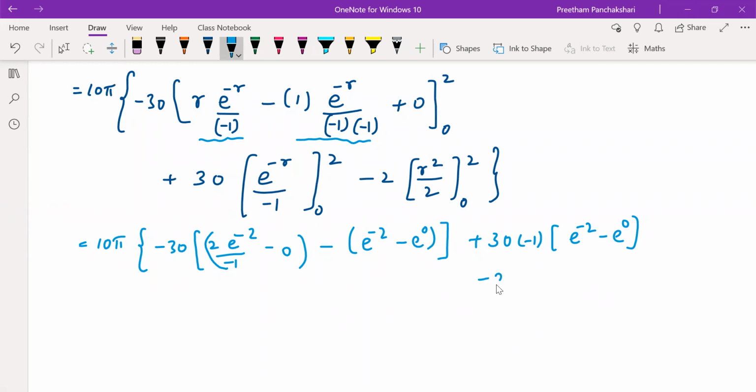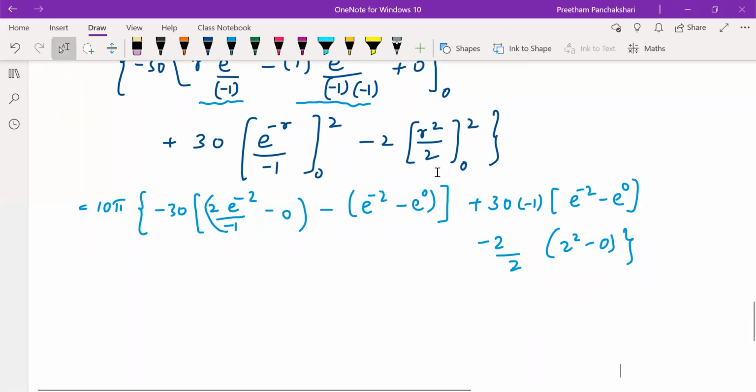Actually, here it is minus 2, and 2 is constant, take it out, divided by 2. We shall substitute for r, 2 square minus 0. So now, further simplification is possible. Minus 30, here it is minus, so we can make it minus into minus plus.